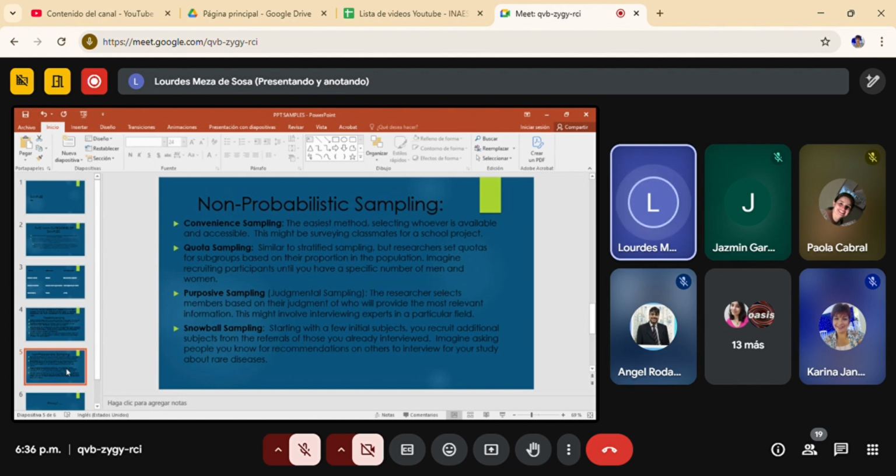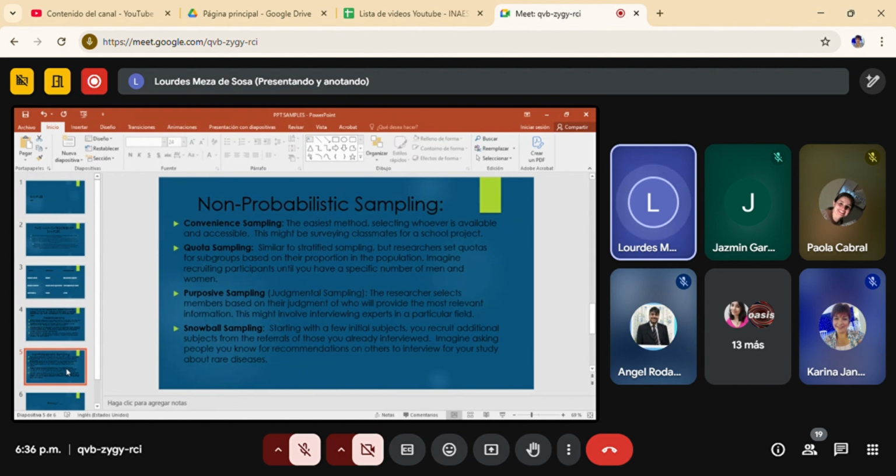The snowball sampling, I start with a few initial subjects, then you can ask them to refer some other ones, right? You recruit additional subjects from the referrals of those you already interviewed.